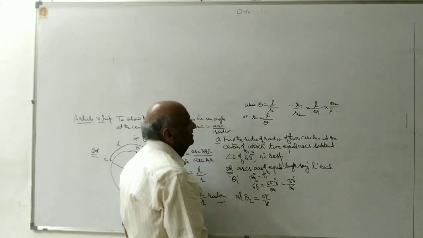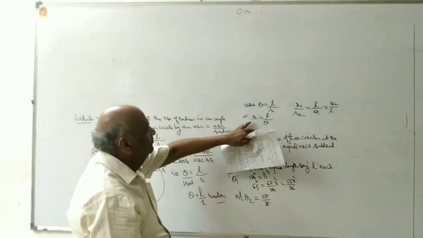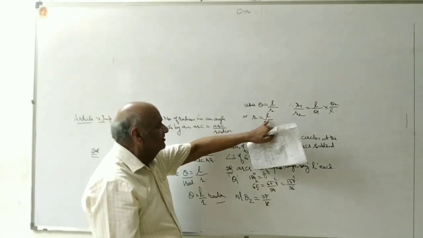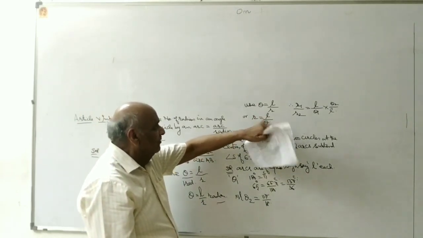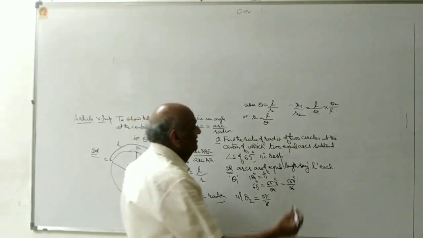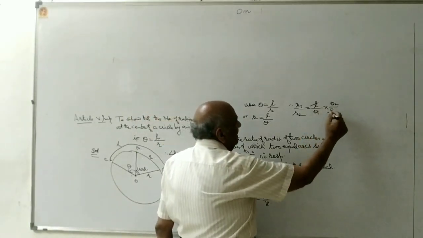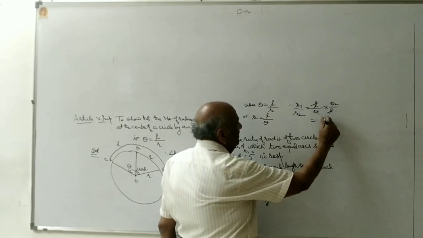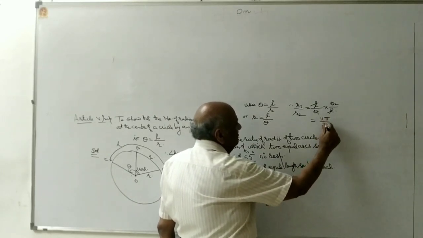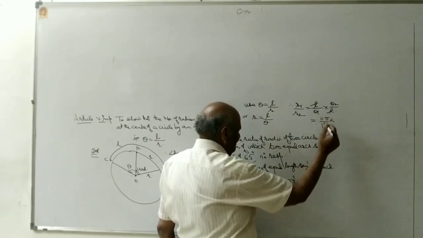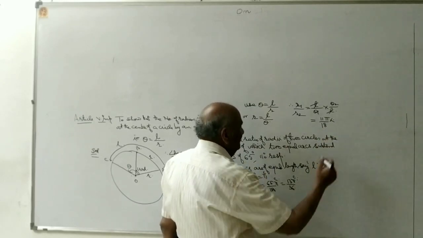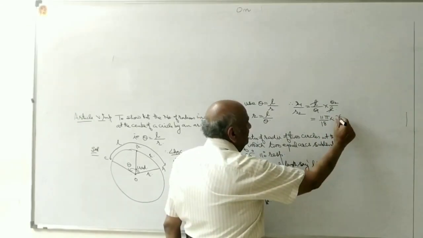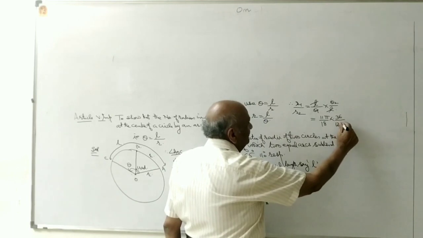That is, R is equal to L upon theta. So L upon theta 1 times theta 2 upon L. The L will go, and we have theta 2, which is 11 pi upon 18, into 36 upon 13 pi.